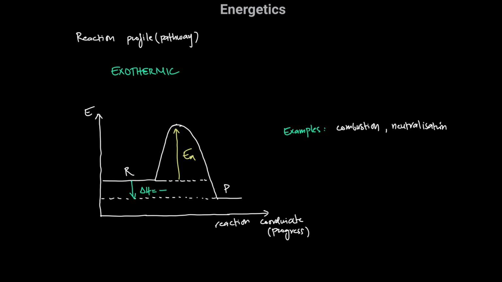And of course, if you're talking about a reaction such as the combustion of methane, you would write CH4 plus 2O2 gives us CO2 and 2H2O. So again, if you're talking about a specific reaction, obviously you'll write the reactants here and the products over here.